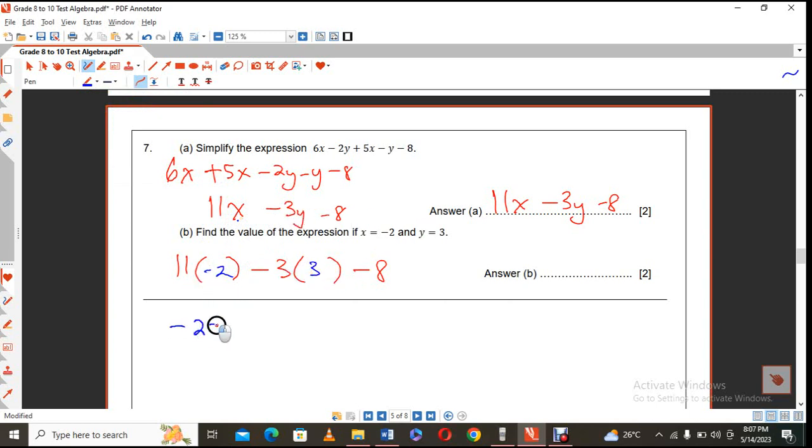So this is minus 22 and you have minus 9 minus 8. Now remember what I said, you've got all negative terms, and the way you deal with that, you take out the negative and then you add all the terms inside. You will see that 22 plus 8 is 30, and 30 plus 9 is 39. So the final answer here is negative 39.